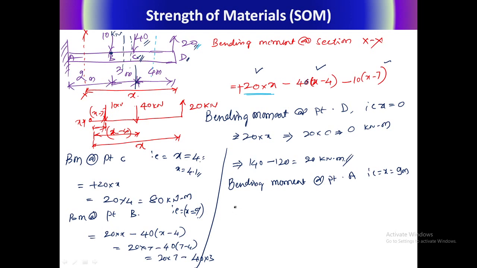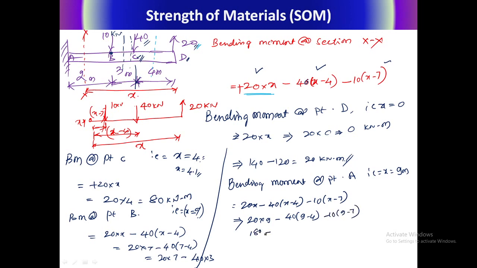Now what is the equation? The equation is 20x minus 40(x minus 4) minus 10(x minus 7). Now x is how much? 9 meter. So 20 into 9 minus 40 into (9 minus 4) minus 10 into (9 minus 7).